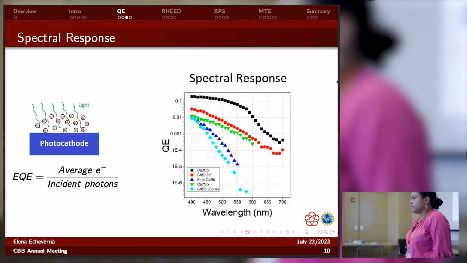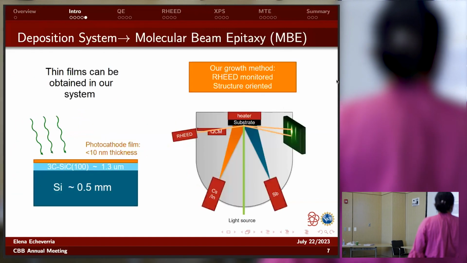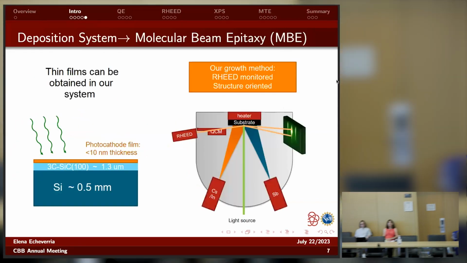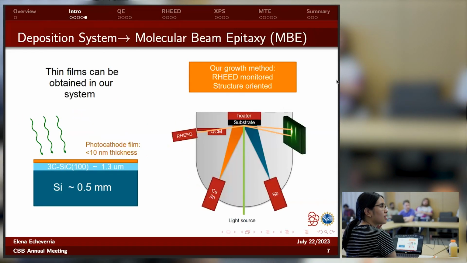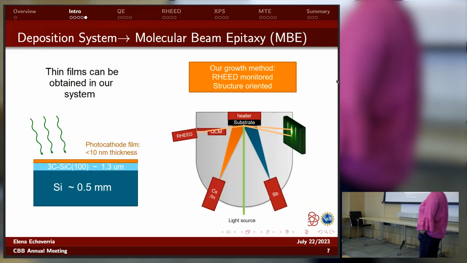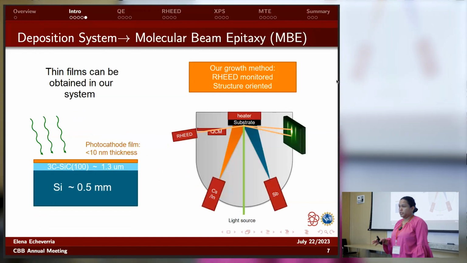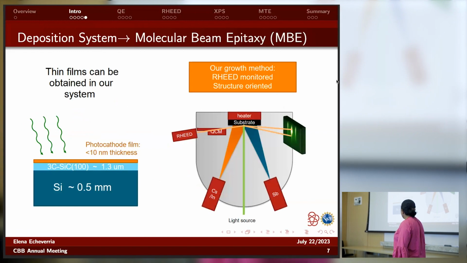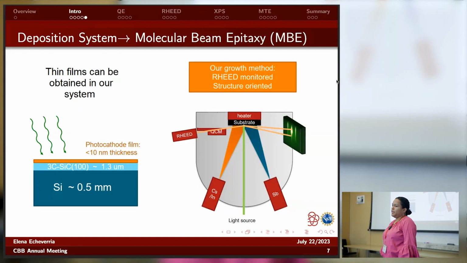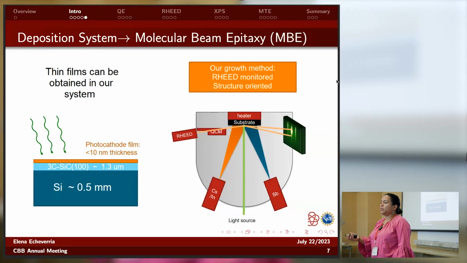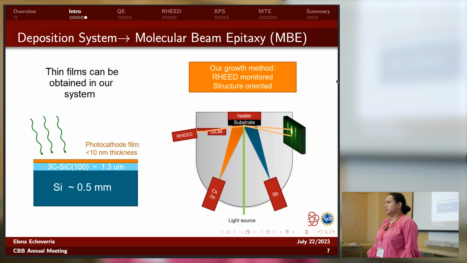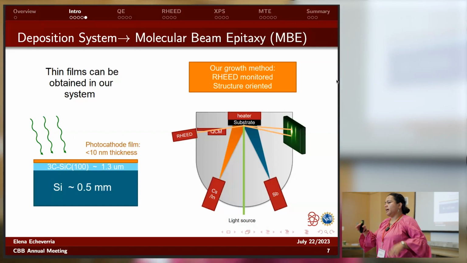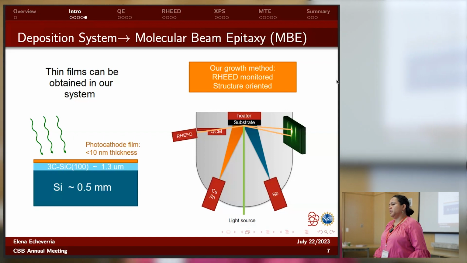So this is for slide 7. Why do you guys grow the film on silicon? Is that like a known substrate? Yeah, we have grown samples on silicon, just pure silicon. But the reason we are using silicon carbide is because we want to grow single crystal cesium 3 antimonide, and it has a lattice match with silicon carbide.